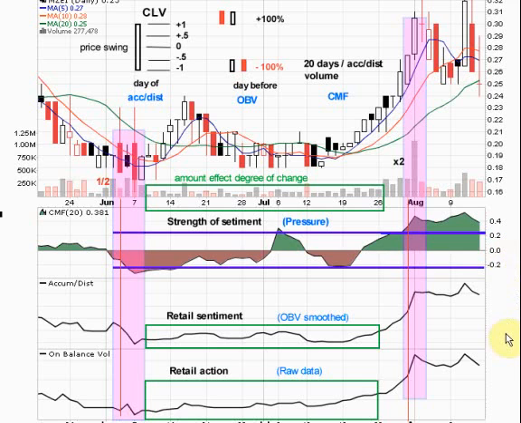Now, as I stated in the very beginning, the volume indicator is a support indicator.